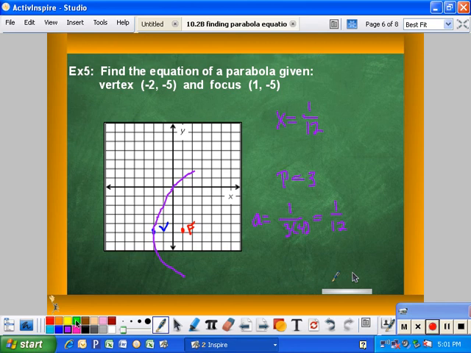But here is where you have to be careful on this next part. We know we have parentheses, squared. What goes inside here, x or y? Well, if x is leading, we need the other variable, so we need the y. Which one of these is the y? The -2 or the -5? You'd be right if you said the -5. That is our k.